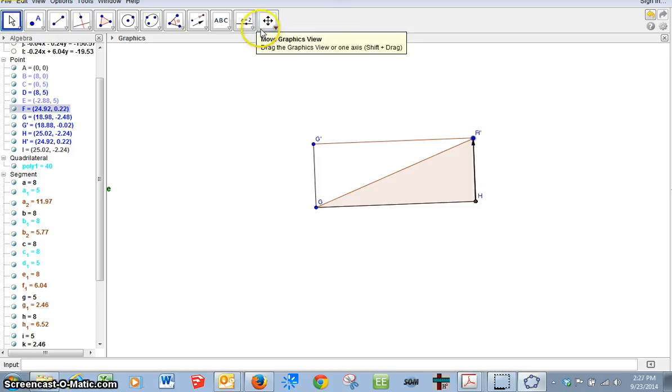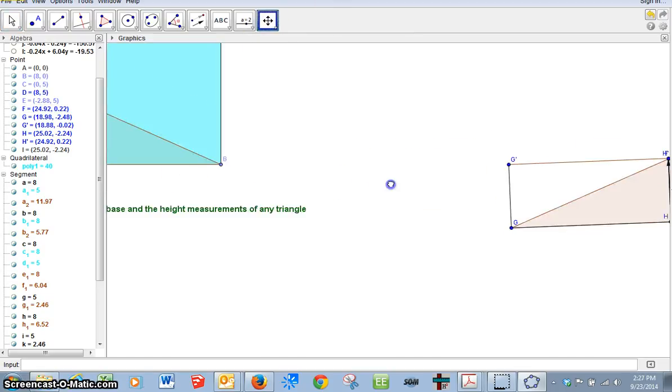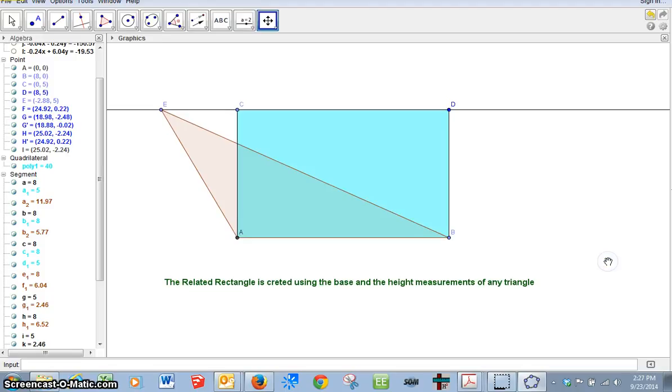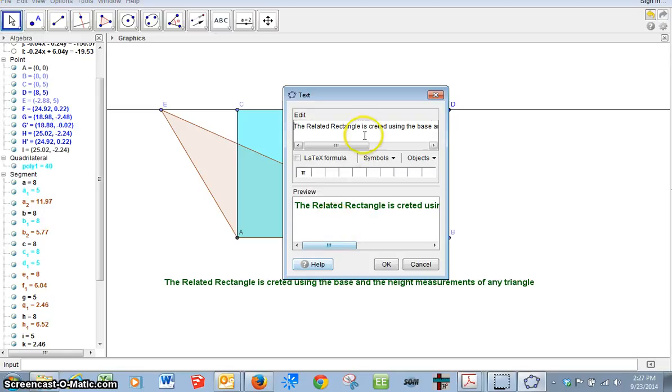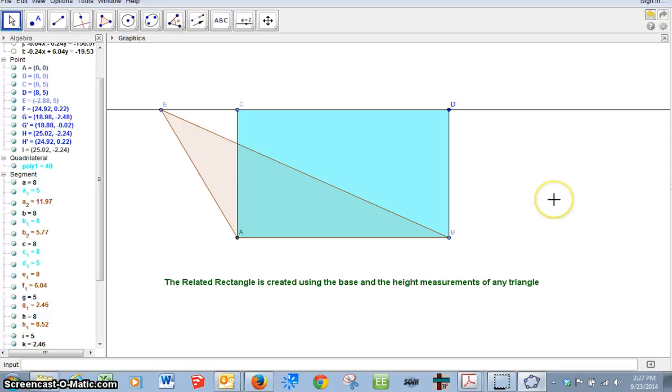So I'd like you to keep in mind the idea that there's a related rectangle created using the base and the height measurements of any triangle. And we will use that to find the area.